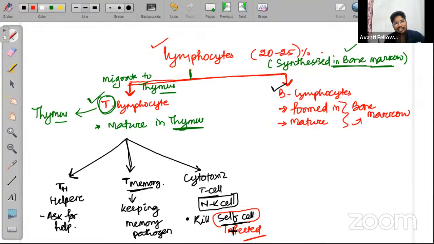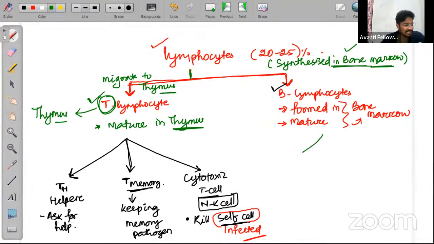So that there should not be any sign of infection in our body. इन्फेक्शन को और पैथोजन को कंप्लीटली किल करने के लिए, कंप्लीटली क्लीन करने के लिए अपने बॉडी से, this cytotoxic T cell will kill the infected cell. So there will be no any infected cell, and other cells which are remaining will be your healthy cell.